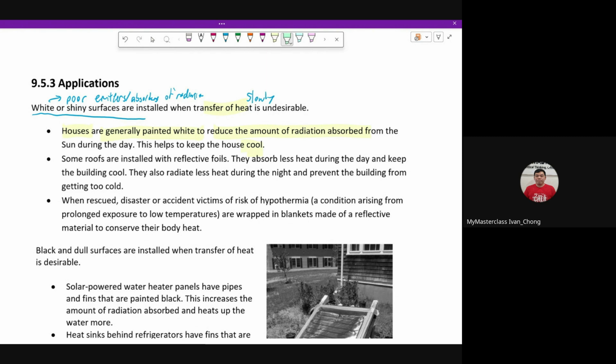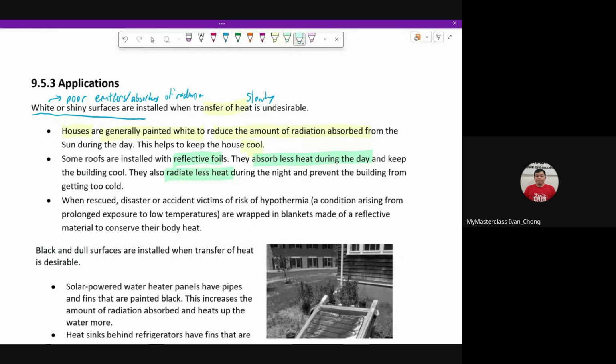Okay, then sometimes you will have reflective walls, so you absorb less heat, and then at night radiate less. Shiny reflective walls are poor absorbers and poor emitters of radiation. So they will absorb less and emit less as well, so that your house is not so hot.